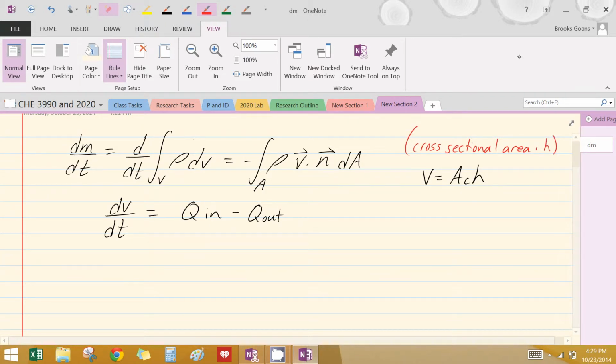So we use this as a resource, and taking the derivative of that, you're left with dV equals the cross-sectional area times dh.